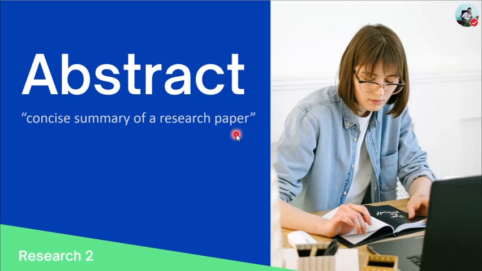Again, the abstract is a concise summary of a research paper, thesis, or article that provides a brief overview. It summarizes the combination of the different parts of your study, chapters 1, 2, and 3, like the purpose of the study, the methods, the key findings, and conclusions.